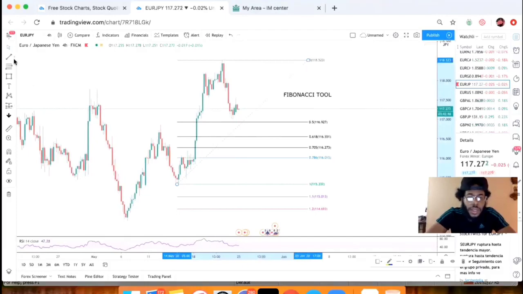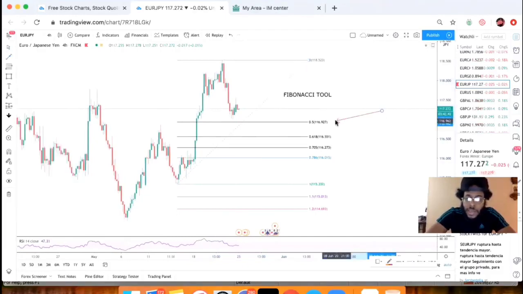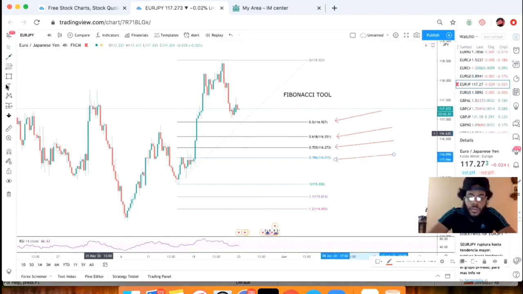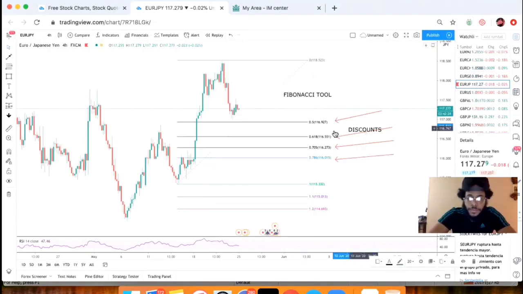It starts to let us know the different discount areas, right? It lets us know where price can come back to for discounts, right? Think of it this way.